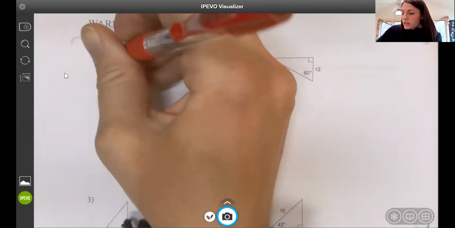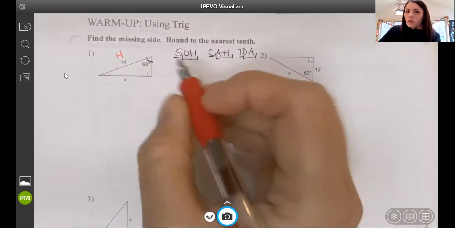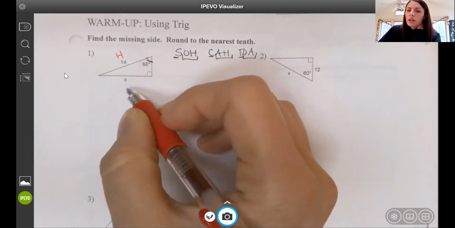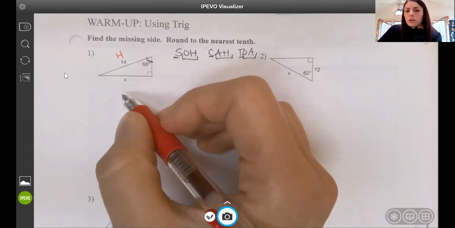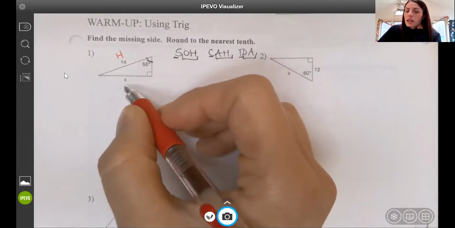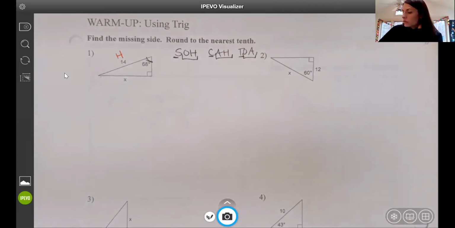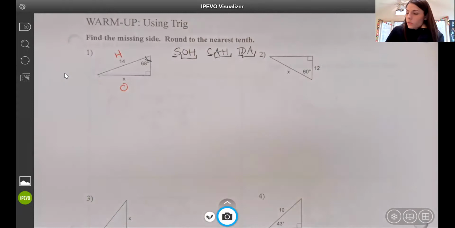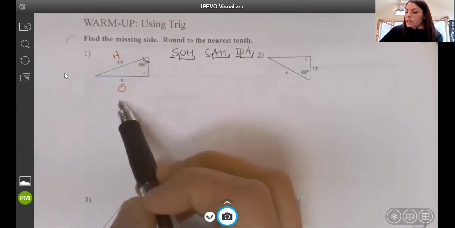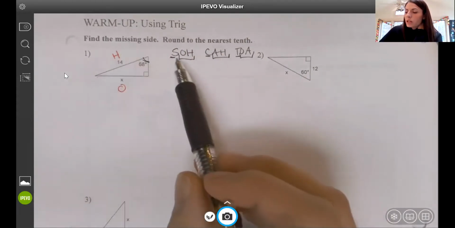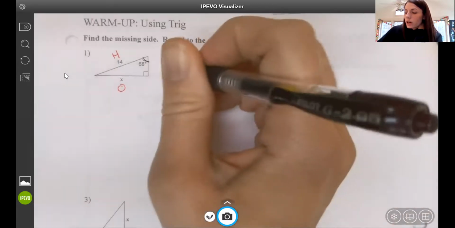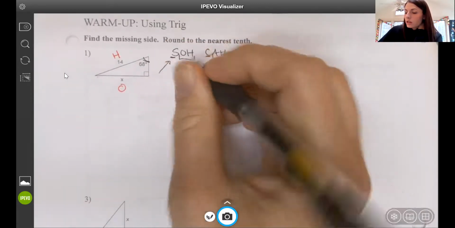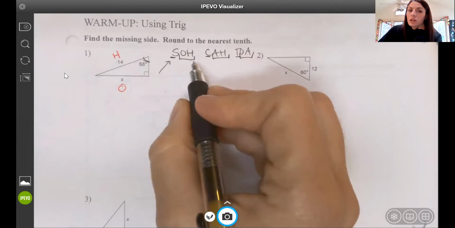Okay. Yes, this is the hypotenuse. And the side that's labeled X, from 68, is the side that is opposite. So I have opposite and hypotenuse, and then I look at SOHCAHTOA and I go, okay, I should be using sine here because sine uses opposite and hypotenuse.